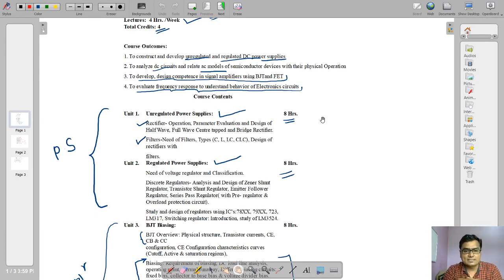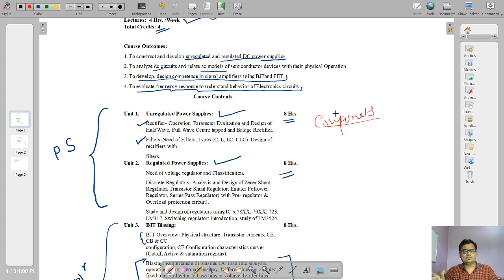But before starting with this rectifier circuit, we first need to think about what components I'm using in the rectifier. See, before starting with any circuit, first you think about which components I'm using in that circuit. So I'm not going to start the rectifier chapter immediately, because I want to tell you this important thing.